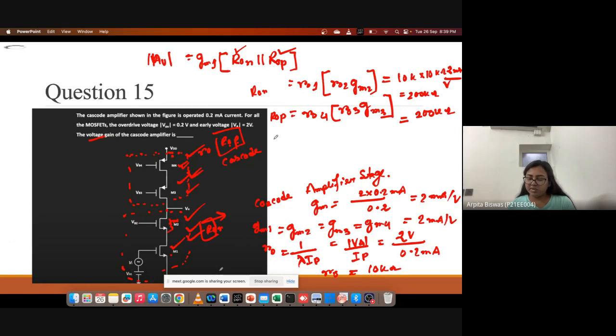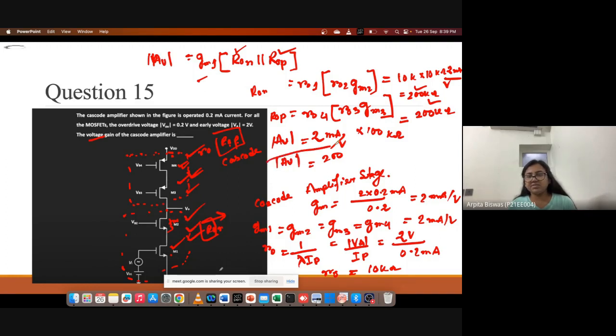Now the value of AV is gm1, 2 milliamps per volt, times 100. These 200 and 200 kilo ohm in parallel directly give 100 kilo ohm. So mod of AV is 200.